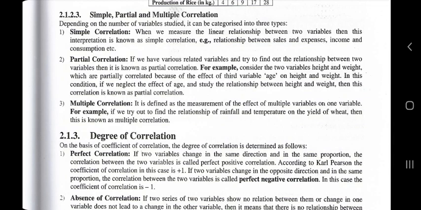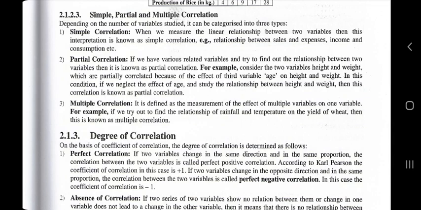So in such a situation, when there is a possibility of a third variable, there may be some dependency on that particular factor. So in that condition we will say it is a partial correlation. Okay.